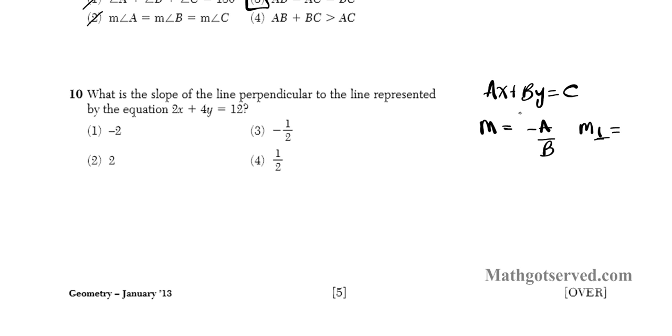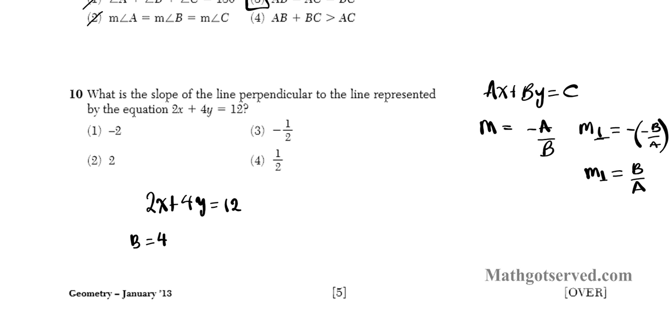So the slope of this line is negative a over b. The slope of a line perpendicular to this line is going to be the negative of the reciprocal of negative a over b, which is simply b over a. Okay? So in this line, 2x plus 4y equals 12, we see that b is 4 and a is 2.